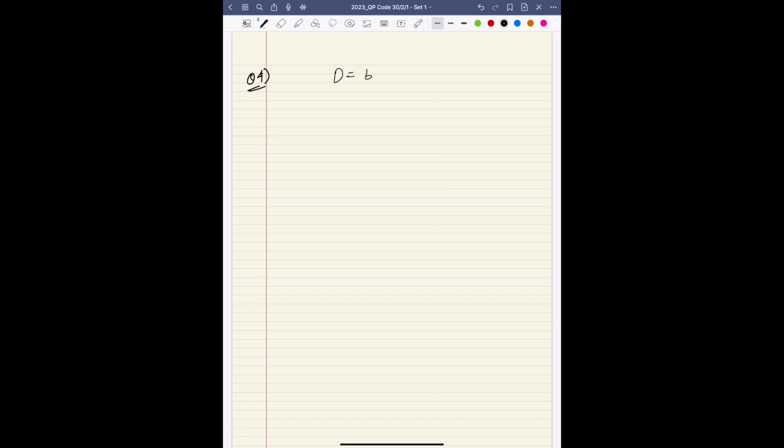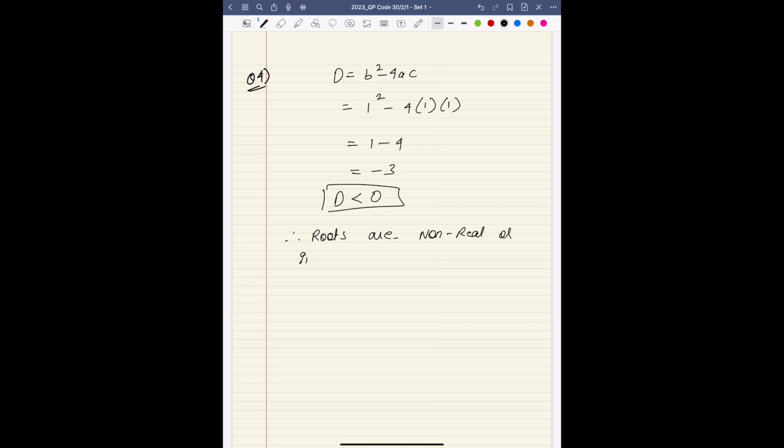Discriminant is equal to b square minus 4ac. The quadratic equation we have is x square plus x plus 1. So b is 1, minus 4, a is already 1, c is also 1. So we get 1 minus 4, basically minus 3. In short, D is less than 0. If D is less than 0, then roots are non-real, or in short, imaginary.